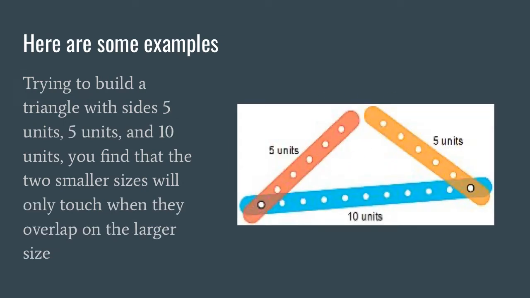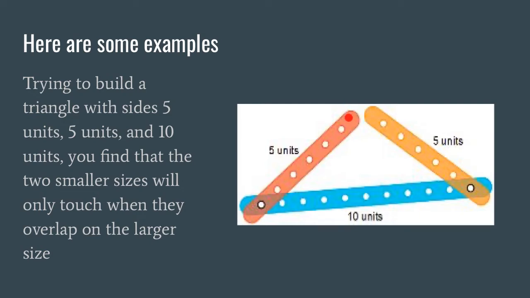If we were trying to build another example, a triangle with sides 5 units long, another side 5 units, and a 10 unit, you would find that the two smaller sides will only touch when they overlap in the larger side.